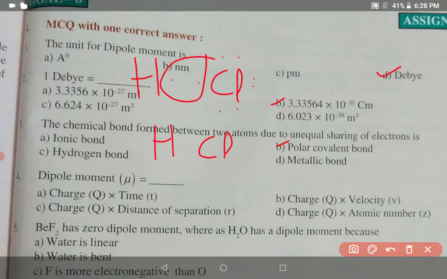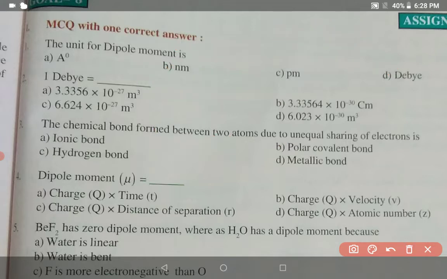H is getting whatever it needs, and Cl is also getting what it needs. So this is called a non-polar covalent bond, whereas here we were discussing the polar covalent bond. Clear?